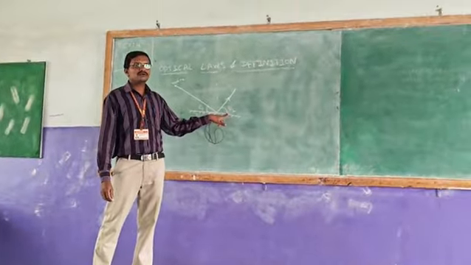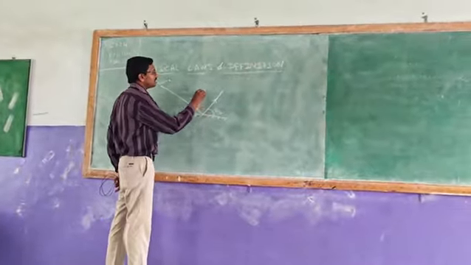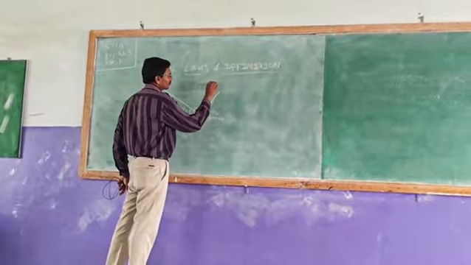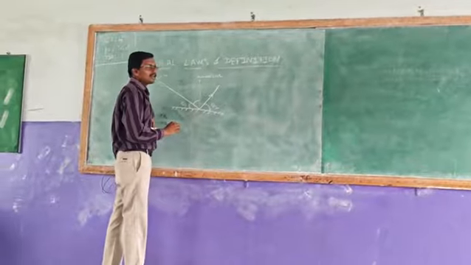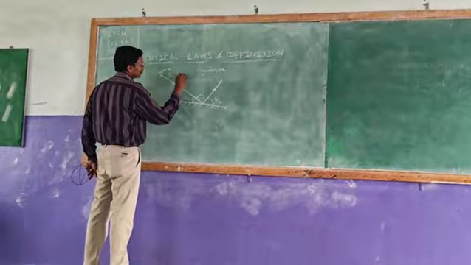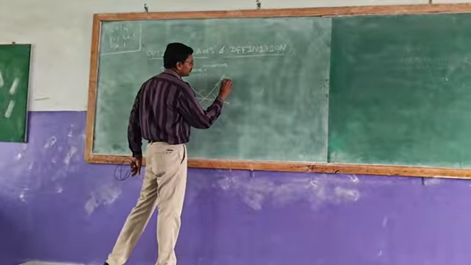This is the normal line. This is called the incident wave. This is called the reflected wave.